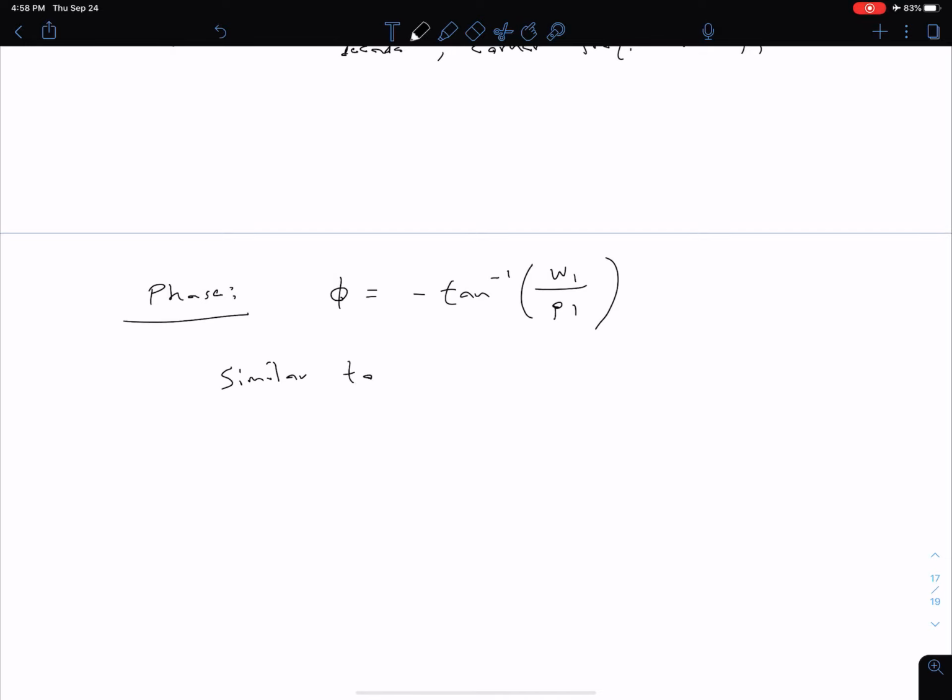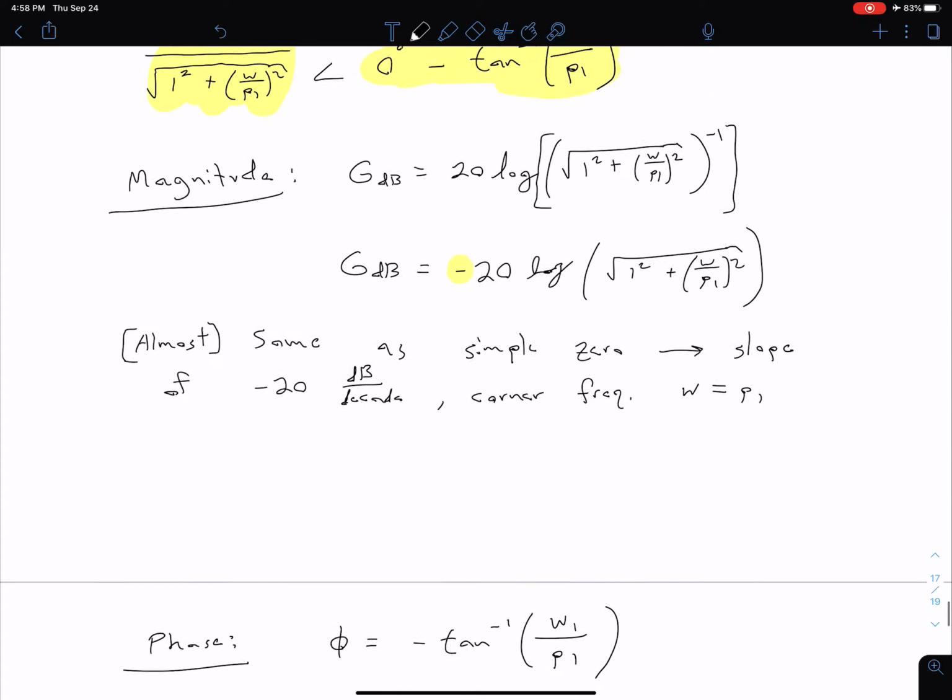The only exceptions are that, of course, now our key frequency is this P1, and we have a slope of negative 45 degrees per decade. And our key frequency, which we said was where our phase angle is, in this case, negative 45 degrees, is going to be the P1 as opposed to Z1 before.